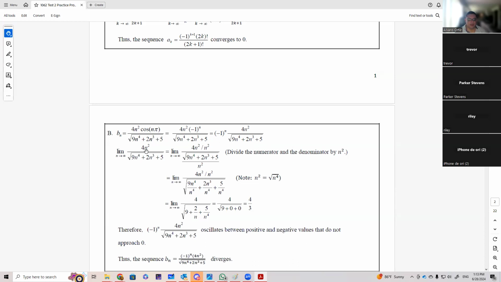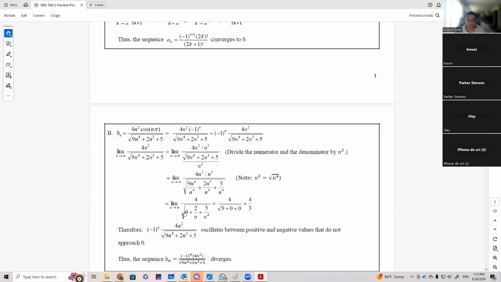And this is a scenario where we take the limit when n goes to infinity of just the positive part here. We have 4n squared over the square root of 9n^4 + 2n^3 + 5. And then what we do is we divide by n squared, because that's the biggest power that we have in the denominator. n squared can be seen as the square root of n^4, and so we can simplify that here.